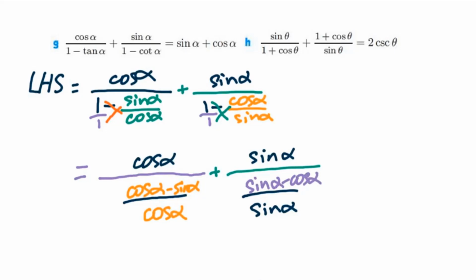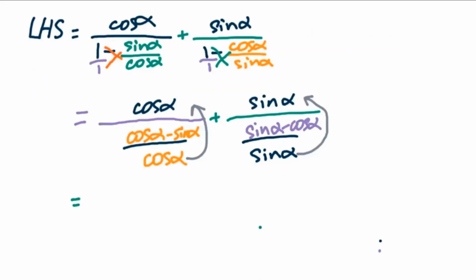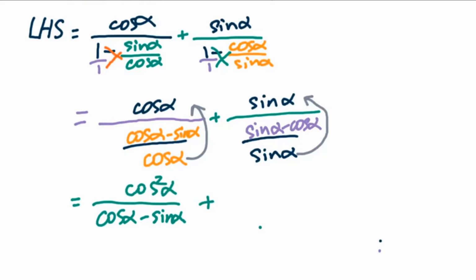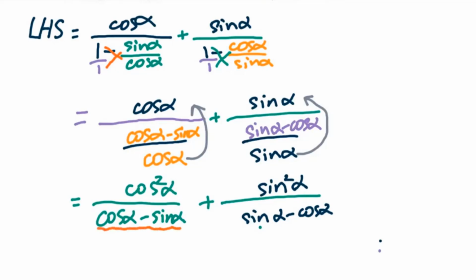This time, since we have a clear division line, we can jump. Make a denominator jump to the top. We got cosine alpha minus sine alpha, and then cosine square alpha, plus this part, we have sine alpha minus cosine alpha, then sine square alpha. Let's check the denominators, cosine alpha minus sine alpha and sine alpha minus cosine alpha.